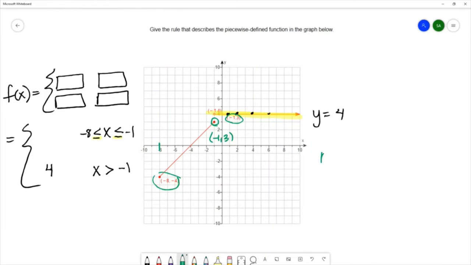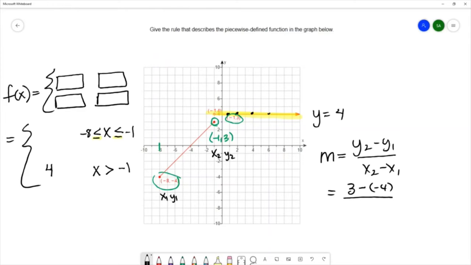So I'll use the formula y2 minus y1 over x2 minus x1. I'll let one point be x1, y1, and the other point be x2, y2. That's going to give me y2, which is 3, minus y1, which is 4, over x2.